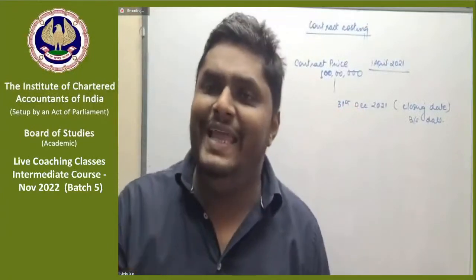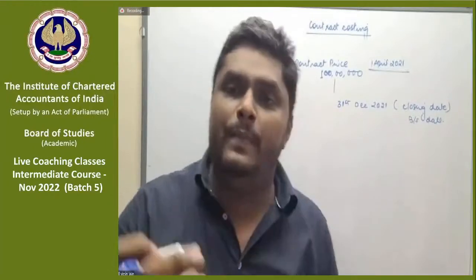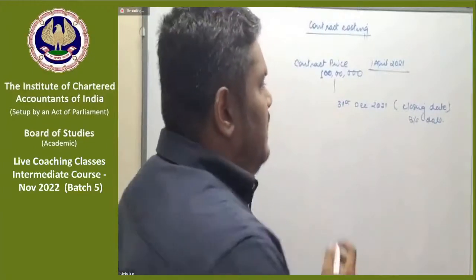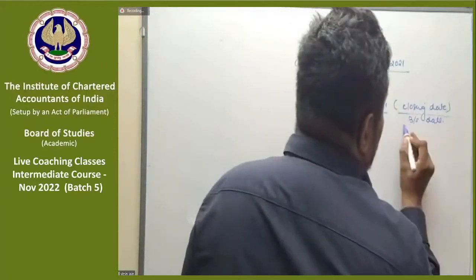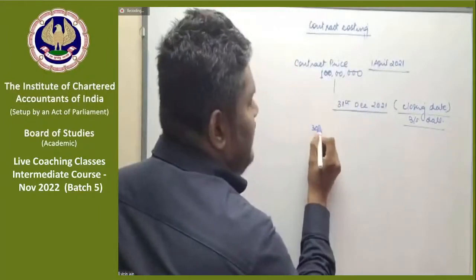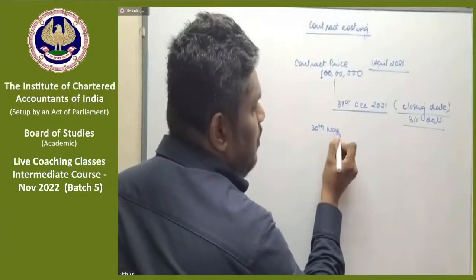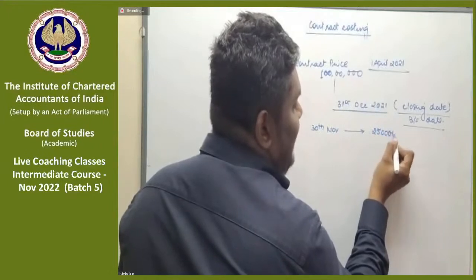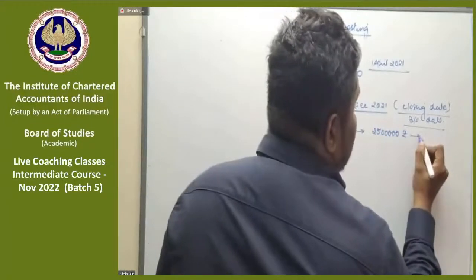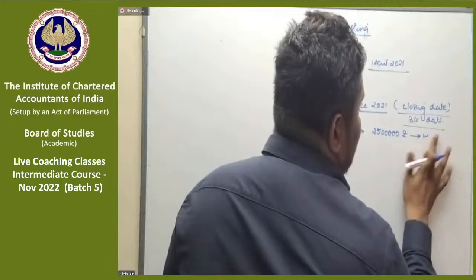So this is the 9 months. These books are prepared only for 9 months, wherein the closing date is 31st December 2021. On 30th November, I said my work is completed up to 25 lakh and for which certificate has been issued. So this is work certified.